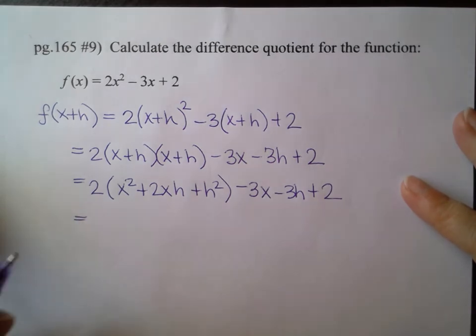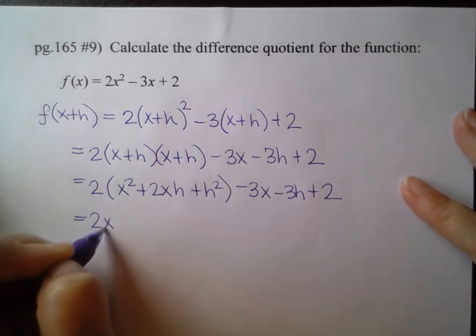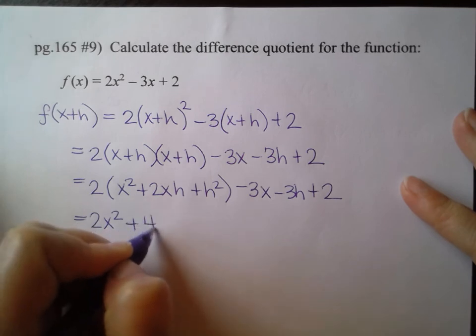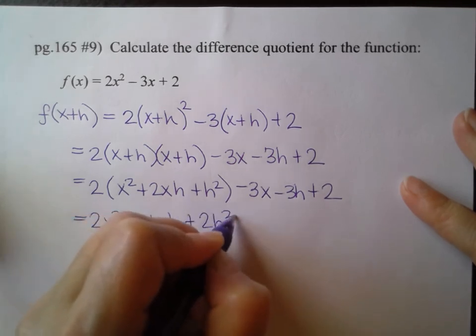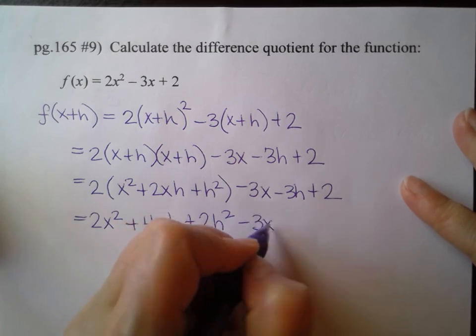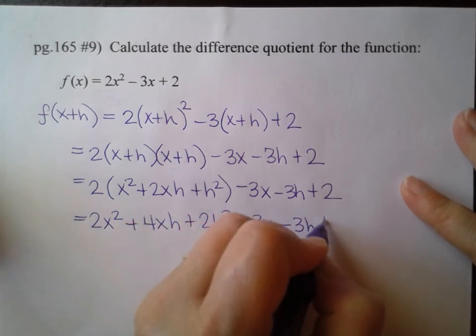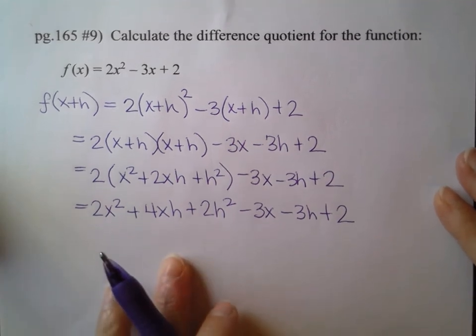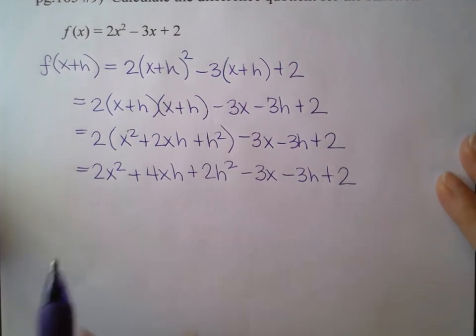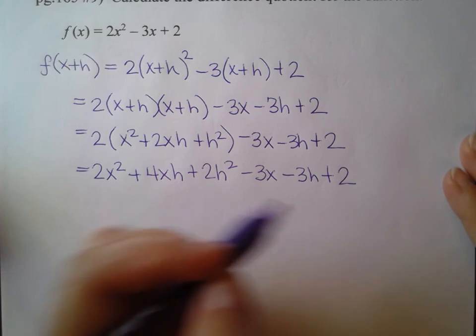Next, I'm going to distribute my 2. I always expect that some of these will be combined, but in this problem, that's not the case. So that's fine. All right, so this is my f of x plus h, this gigantic thing here.